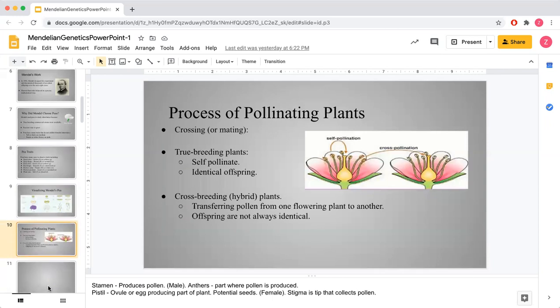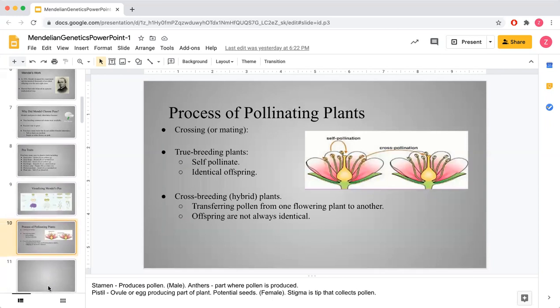Now we're going to go into the process of pollinating plants, because this was a huge part of Mendel's experiments. He needed to pollinate plants to make crosses. Think of crosses as mating, but for plants. There are several different kinds of pollination. True breeding plants: let's stop here and see if you remember what true breeding plants are. Please answer this question.